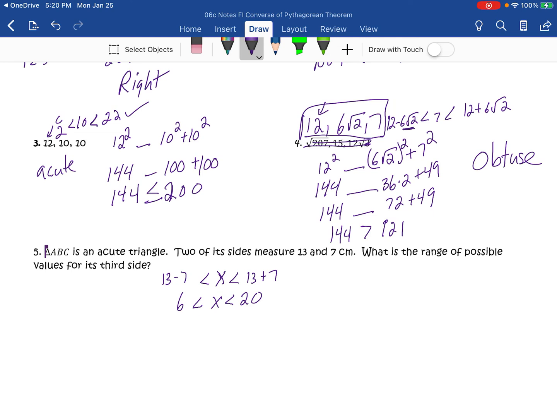So the other thing that I know that actually might be a little bit helpful, I also know if it's an acute triangle, then that third side, if I square it, has to be less than the sum of the squares of the other two sides. So that's my first thing. This is from your unit 3, and then this is this present unit. This is today's lesson. So x squared has to be less than 169 plus 49.